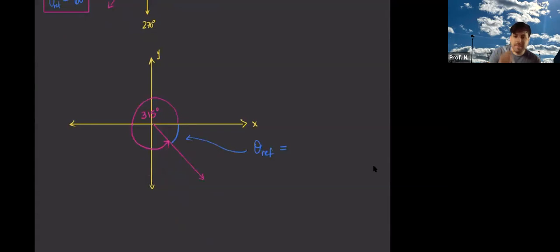I want to find that missing piece. If I go all the way around, it's 360 degrees, but I don't quite get there. I get to 315 degrees. So how many more degrees do I need to get that full revolution? I do 360 minus 315, and that equals 45 degrees.